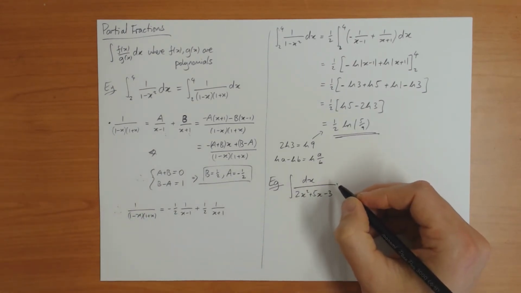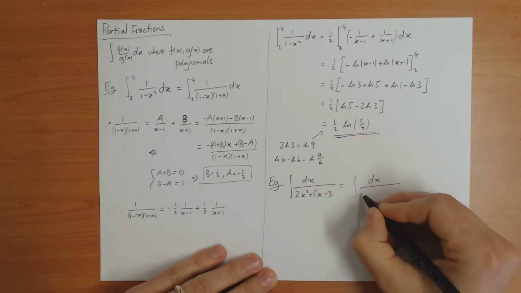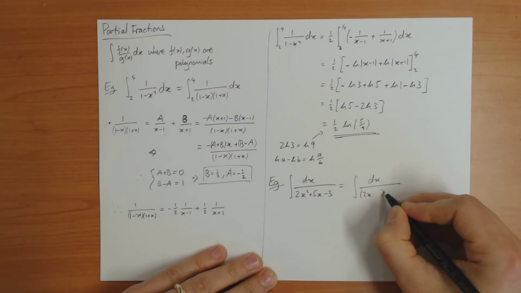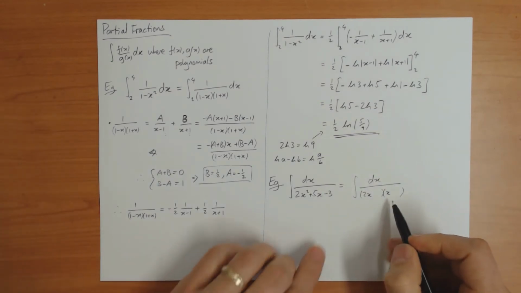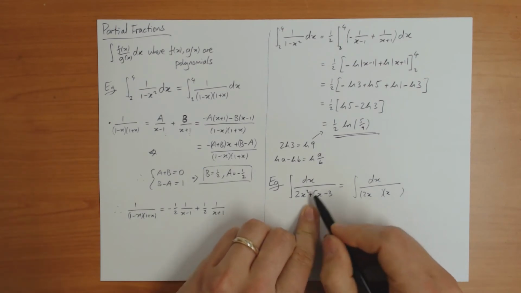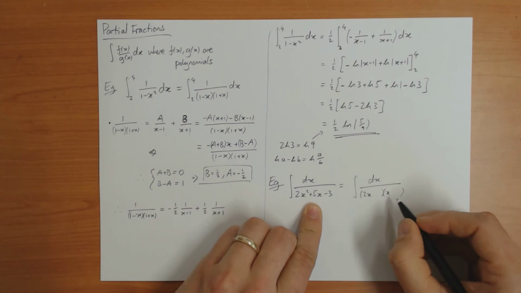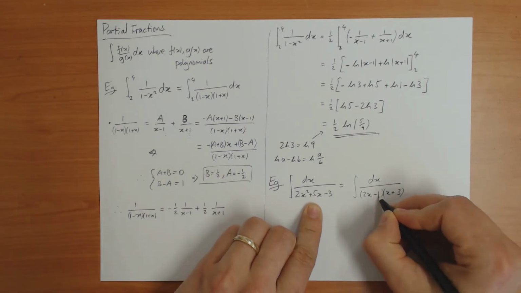The first thing to do is to factorize. I've chosen it so it does factorize simply. So 2x and x, and you need two numbers multiplied to give you minus 3, and the combination here has to be 5. So that's going to be plus 3 and minus 1.